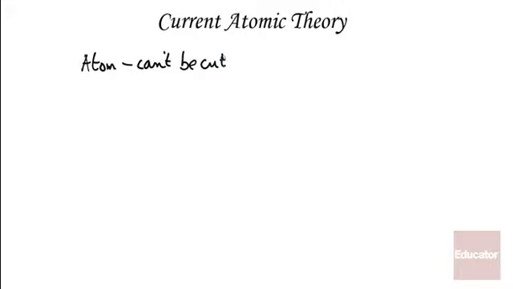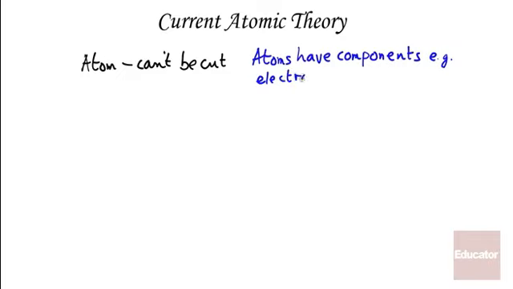Atoms have component parts. And you've probably heard of the names of many of these. An atom can be subdivided into simpler constituents. For example, electrons, protons, and neutrons.